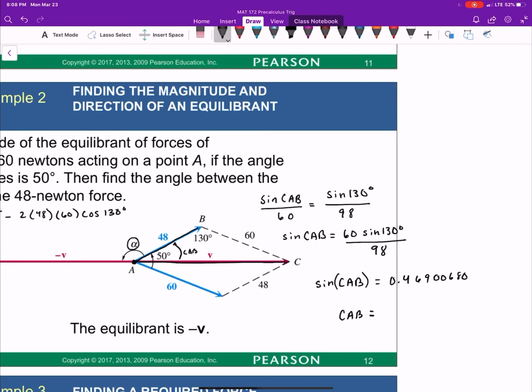So we take the sine inverse of both sides, we get roughly 28 degrees. Now, remember we're looking for the alpha. So we know that alpha plus 28 would give us 180 because they're supplementary angles. So to find alpha, we have to do 180 degrees minus the 28 degrees. And that equals what? 152 degrees.